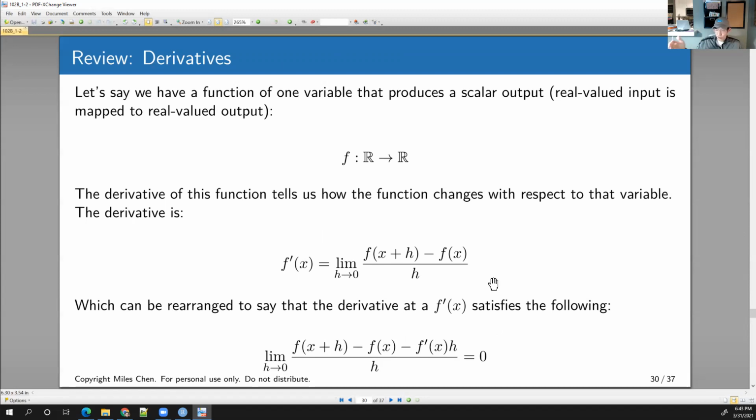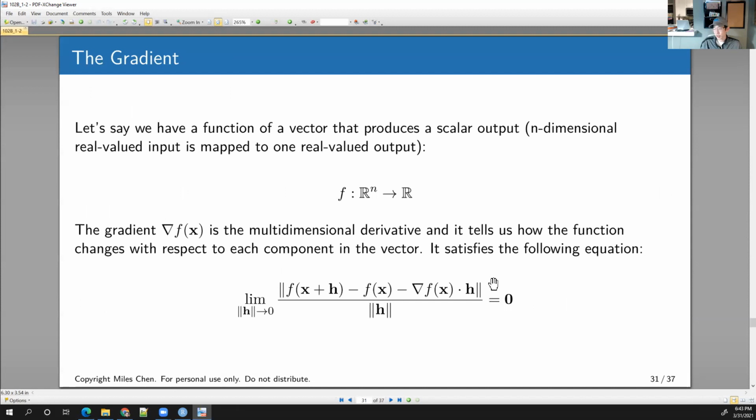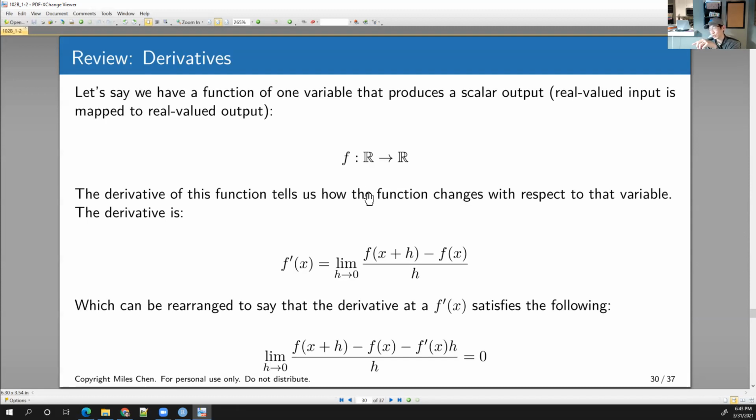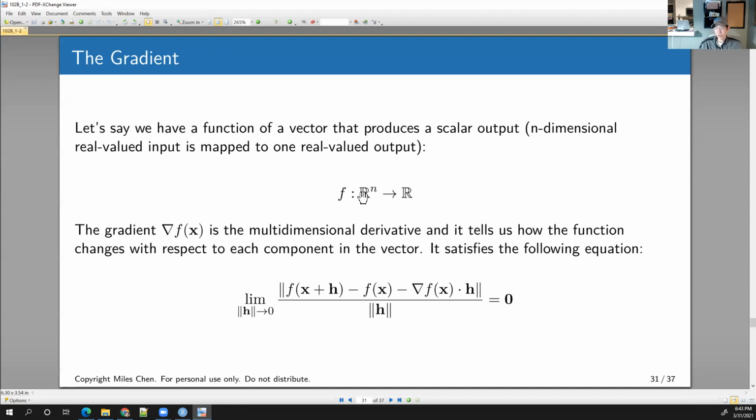Okay, and so the analog to a derivative when we're talking about a vector or something in a higher dimensional space is called the gradient. Okay, the gradient. And so we want to find the gradient of a function, and this function is different from a regular univariate function in that the input to the function is multi-dimensional, right? Your input is not just one value x, it's a vector x of n.